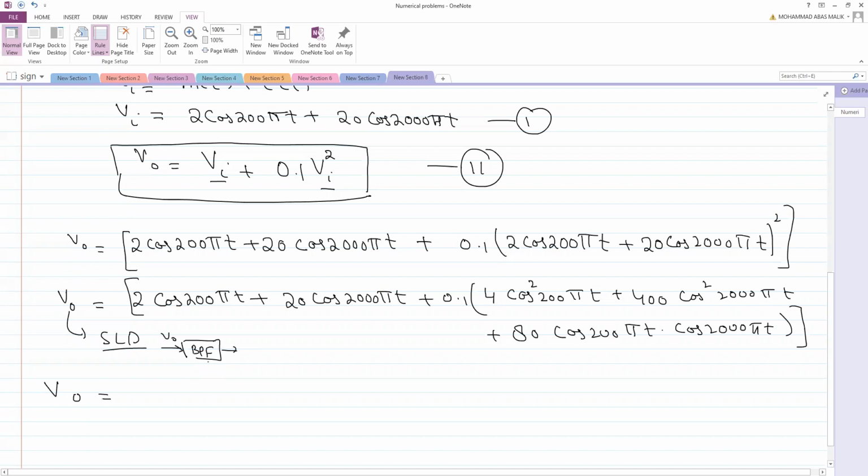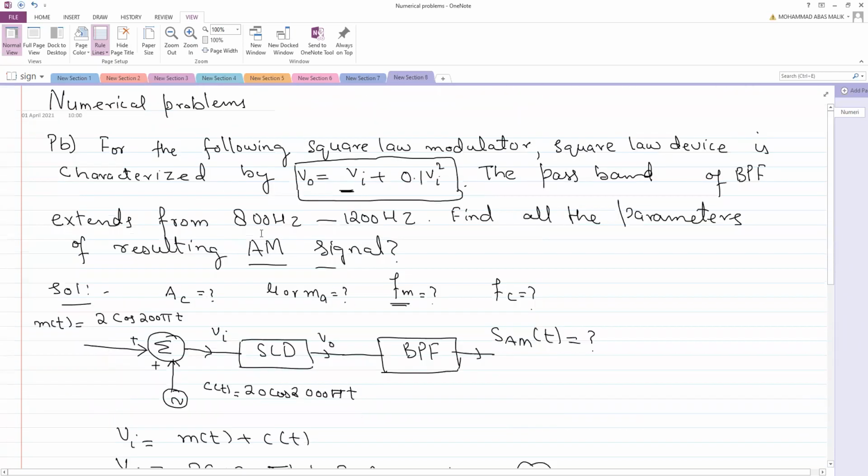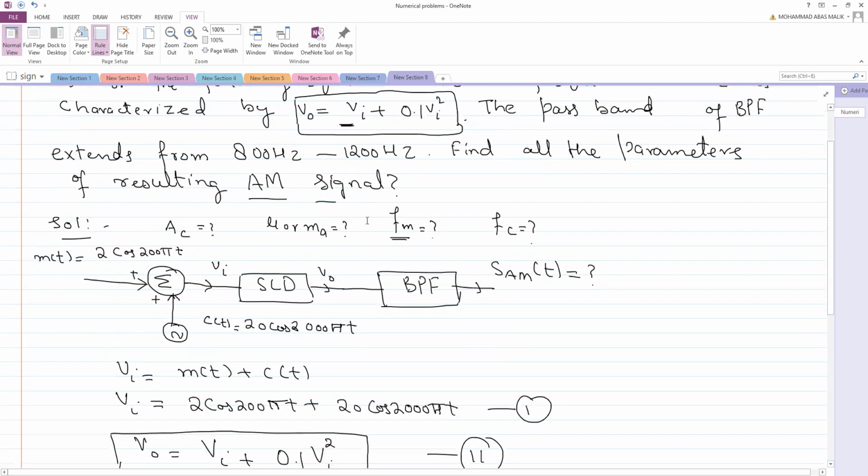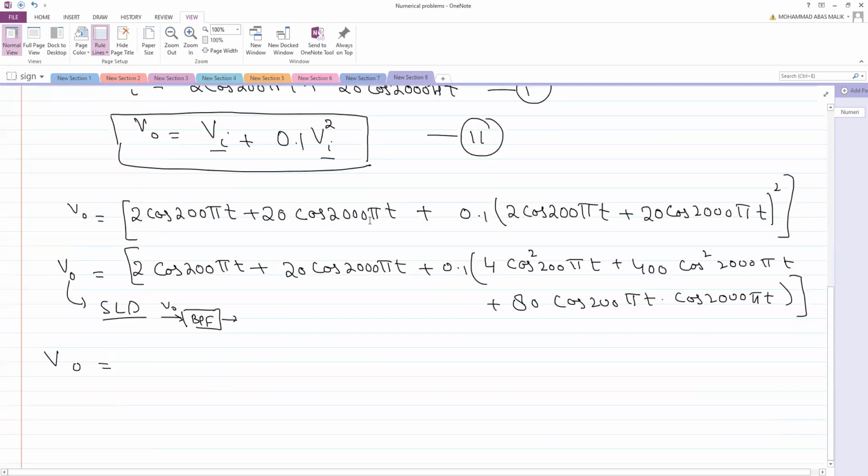And the band pass filter range is already given here, from 800 hertz to 1200 hertz, right? What does this range mean? I will just draw here. Its range can be shown here: this is 800 and this is 1200, both in hertz.